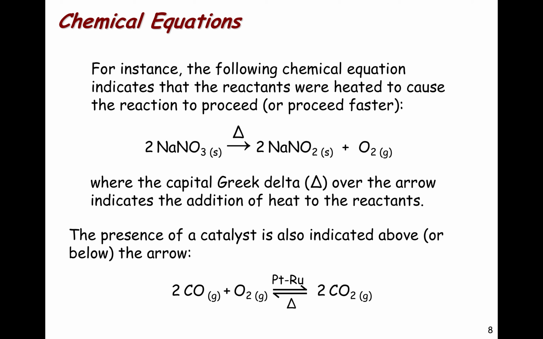So for example, here we have two carbon monoxides reacting with elemental oxygen, and this is catalyzed by an alloy of platinum and ruthenium to produce carbon dioxide gas. This is the reaction that could occur in a catalytic converter in your car. And it's important to get rid of the carbon monoxide gas because it is a potentially toxic gas that if you were to breathe it, you could suffocate.